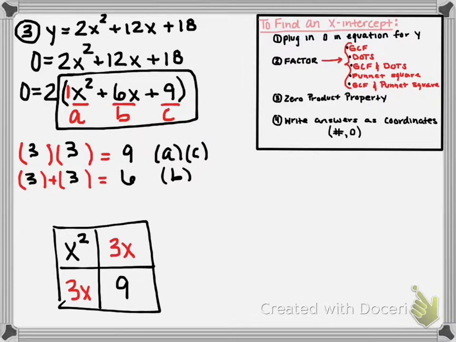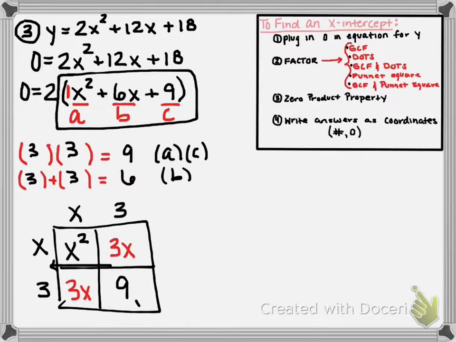Okay, I want to start by looking across the top row and pulling out the GCF. There is no number that goes into 1 and 3 except for 1, but I can pull out an x because they have that in common. On the top left box, x times x gets you x squared. The top right box, x times 3 gets you 3x. And on the bottom left box, also x times 3 gets you 3x.